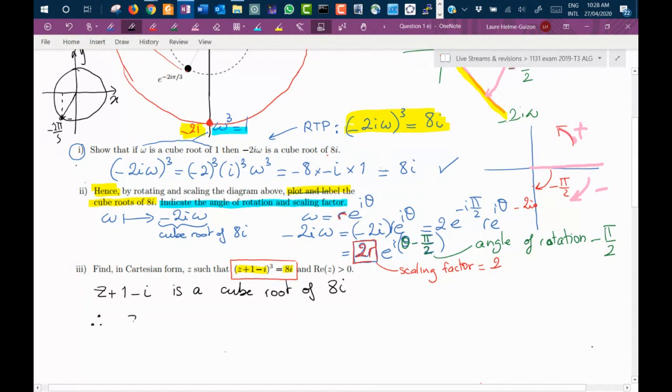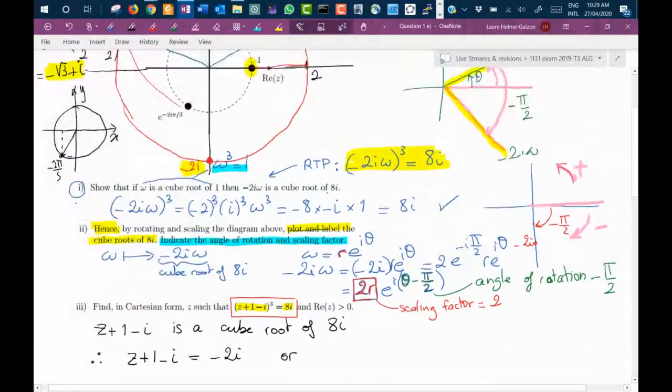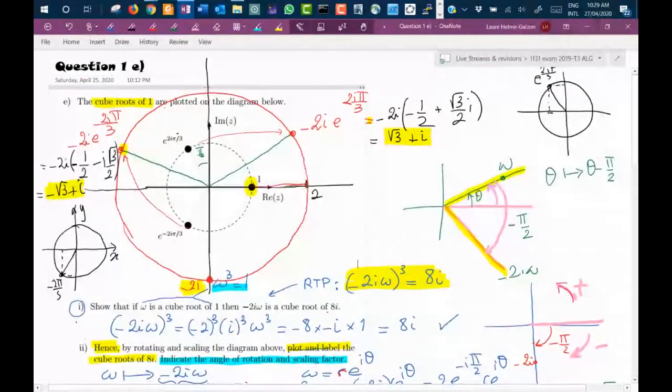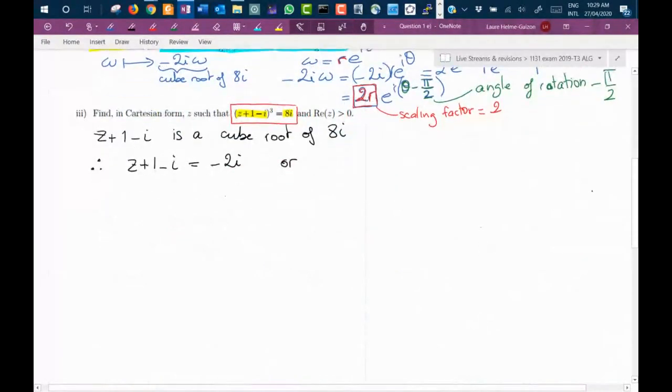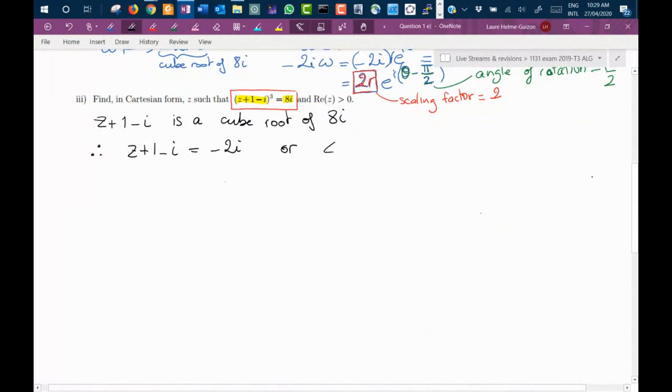Therefore, z plus 1 minus i could be either the cube root at the bottom, minus 2i, or, going to my drawing where I calculated things, z plus 1 minus i could be square root of 3 plus i, or z plus 1 minus i could be minus square root of 3 plus i.